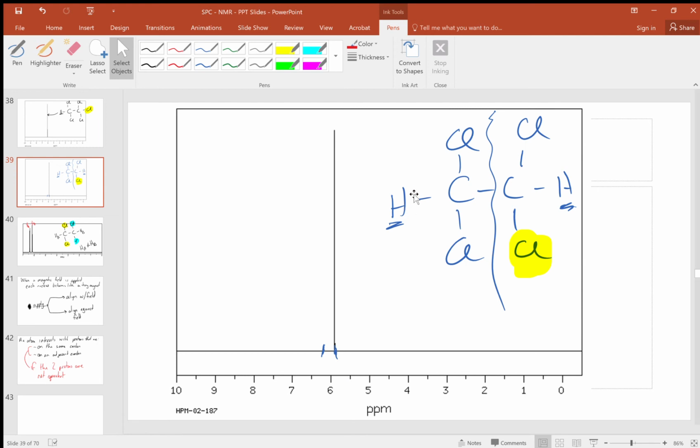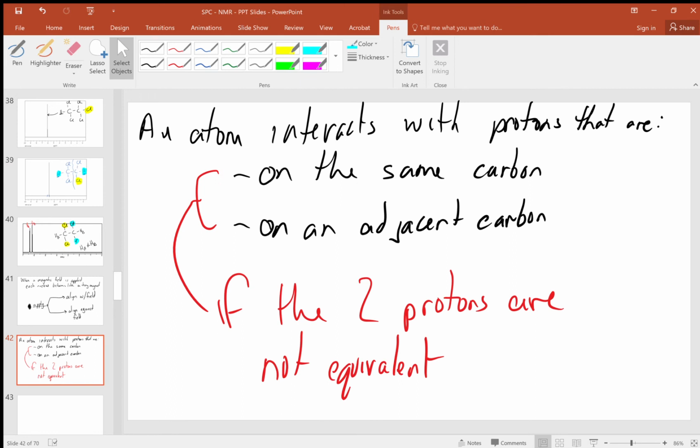And that's because these two hydrogens were equivalent to each other. So right now, we've only discussed situations where hydrogens that are on the same carbon are equivalent to each other.